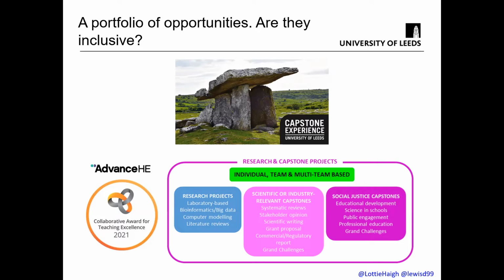What Stephanie did was look at 4 years of historical data on marks and background, to see whether this portfolio of opportunities was inclusive, or whether it benefited a particular group of students or particular programs.